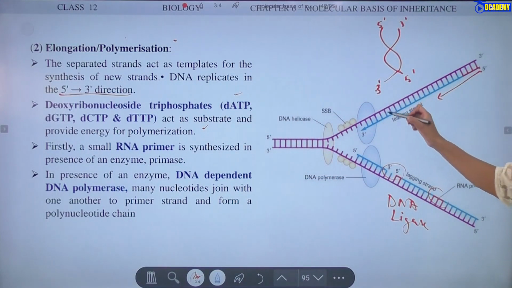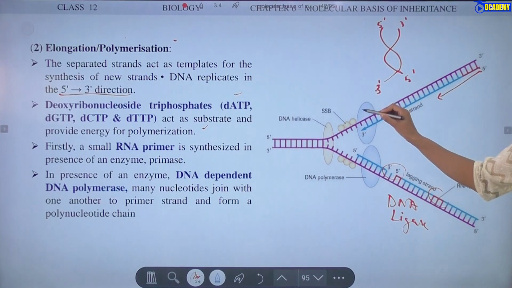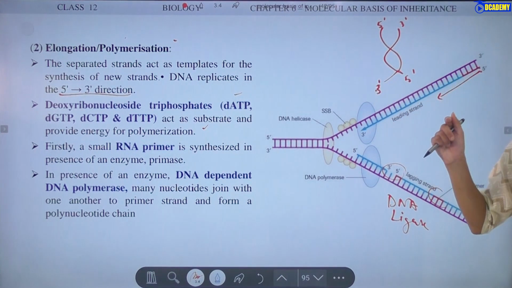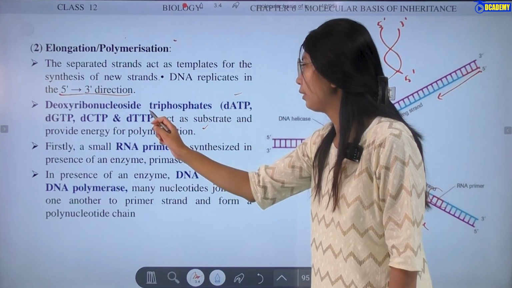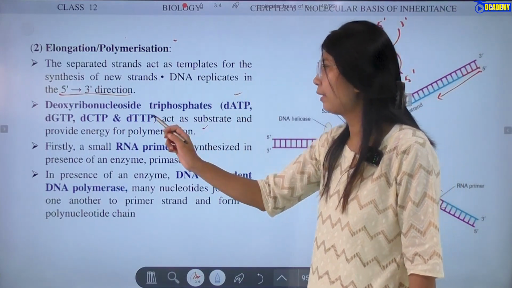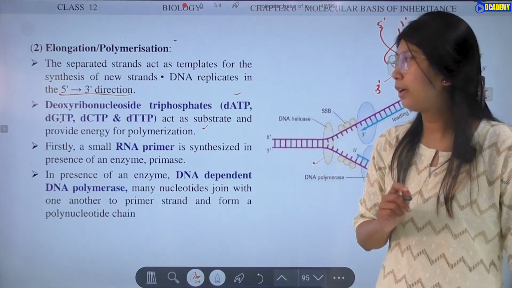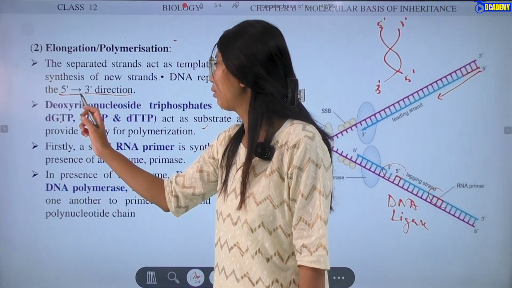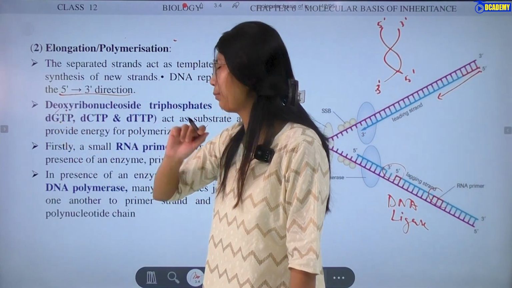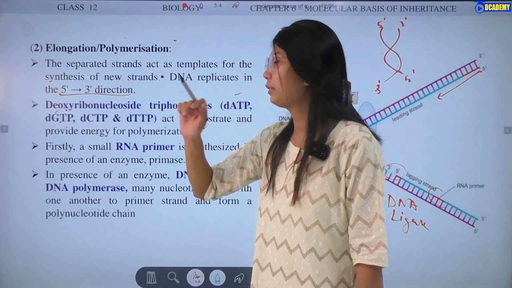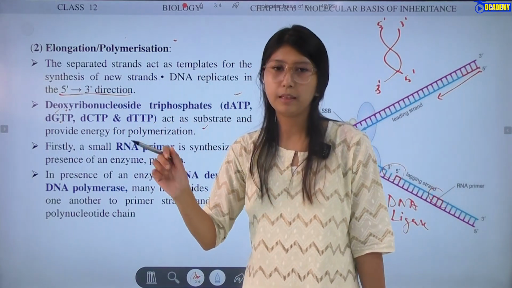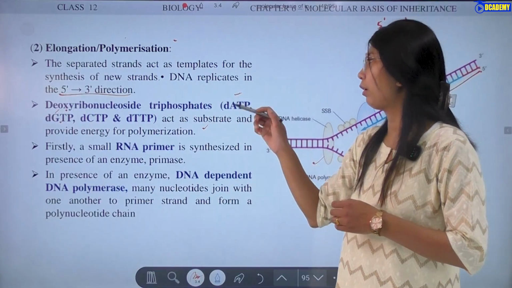DNA polymerase is the enzyme that holds it. There is deoxyadenosine triphosphate, deoxyguanosine triphosphate, deoxycytidine triphosphate, and deoxythymidine triphosphate, each with its nitrogen base.